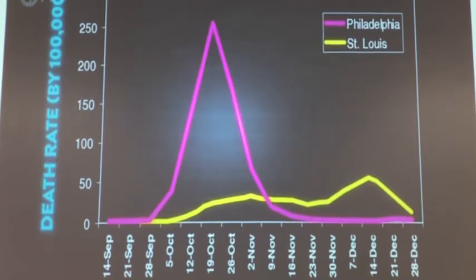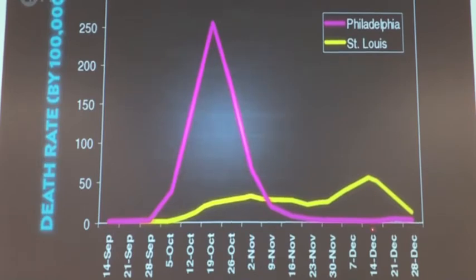In fact, if you start looking at the numbers, we can compare the height of the death rate here in Philadelphia, and we could go down and figure out the time. Notice it was over 250 deaths per 100,000 at its peak. Whereas St. Louis had a peak here, which is interesting.